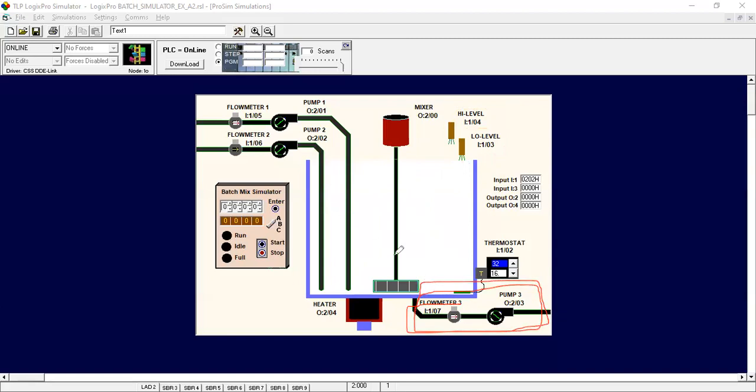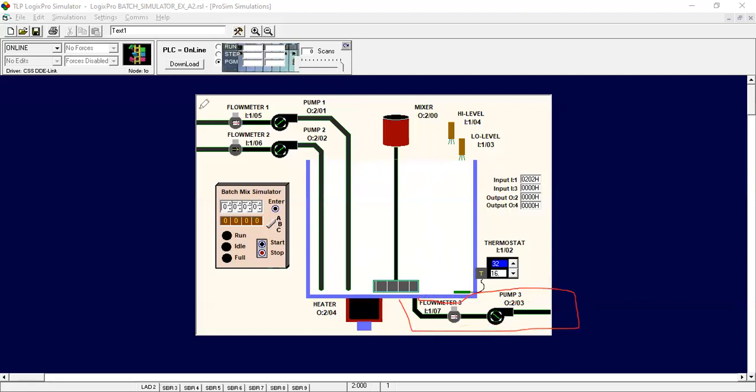And this is our drain part. After mixing and heating the liquid, we have to drain it, and we take the liquid from this way. This is the output way. We can say this is the drain way, this is the output way.